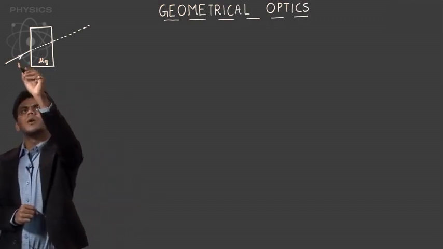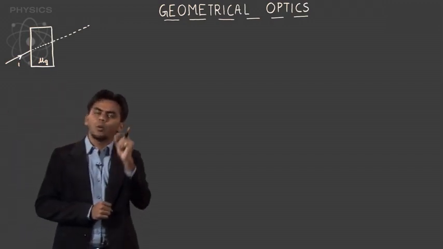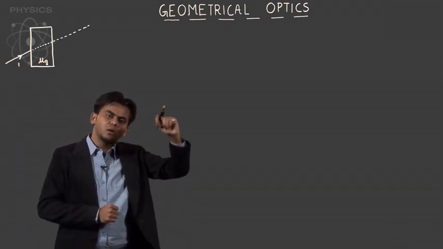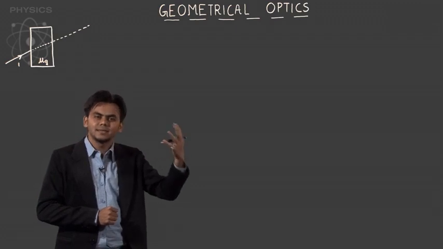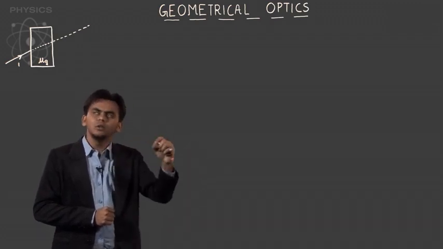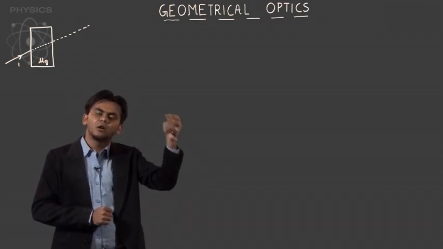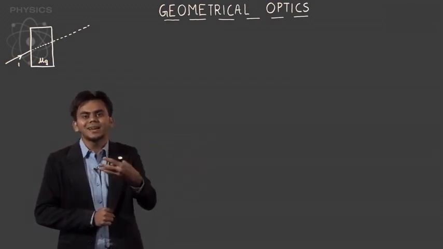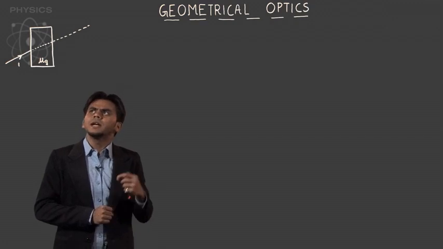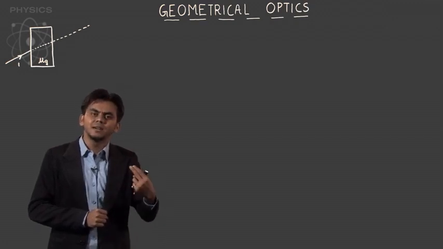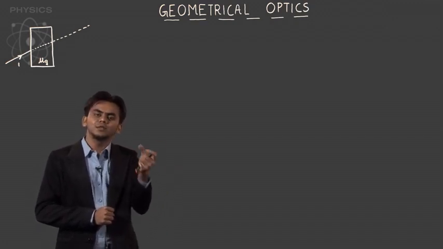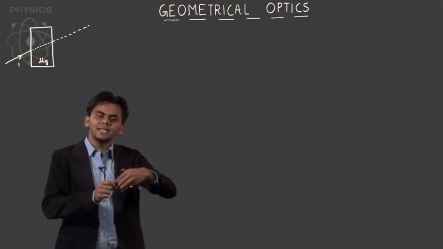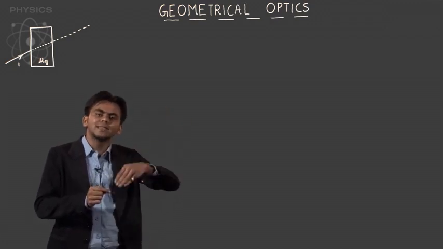So this would be 1, and I know that 1 into sine theta, where sine theta is simply sine i, is equal to mu g into sine r, or mu g into sine of the angle inside the glass slab. And as mu g is higher, sine theta inside the glass has to be a lesser value, and when I increase theta, even sine theta increases.